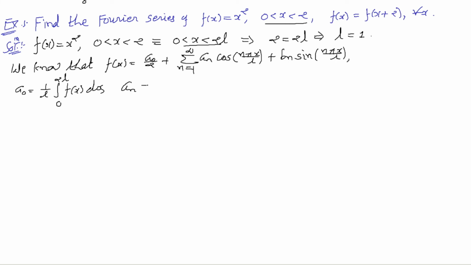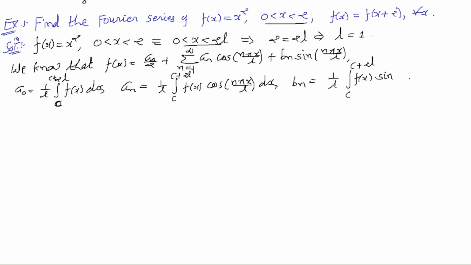An is equal to, or if you are writing in the sense of definition, then just write C to C plus 2L. In an's also 1 upon L, C to C plus 2L f of x into cos n pi x upon L dx, and for bn this is equal to 1 upon L, C to C plus 2L f of x into sine n pi x upon L dx.